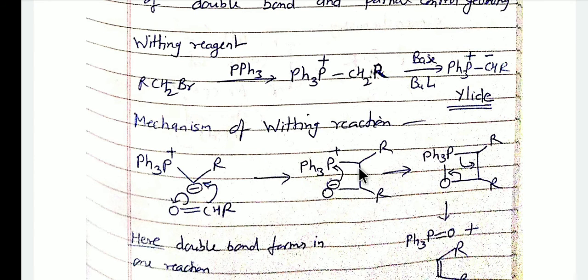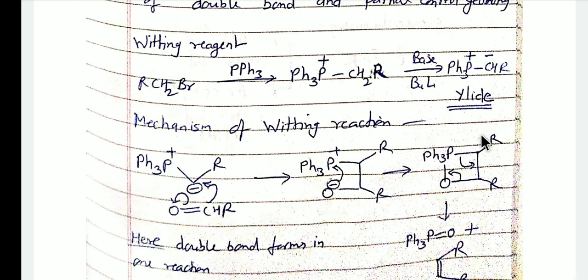This bond is prepared by the attachment of this carbon to this carbon atom. So here this second molecule is formed, and in this second molecule there is P+ and O−, so one covalent bond is formed between P and O.